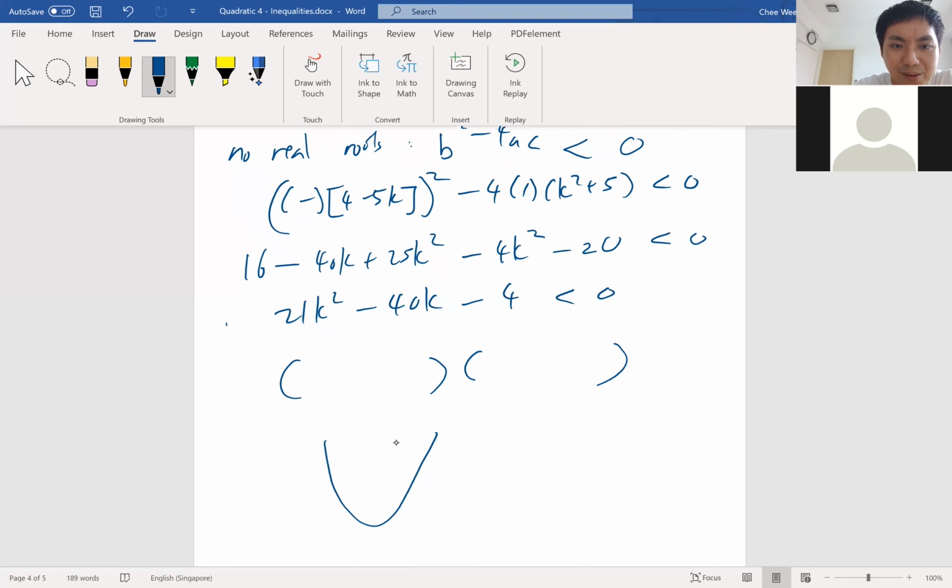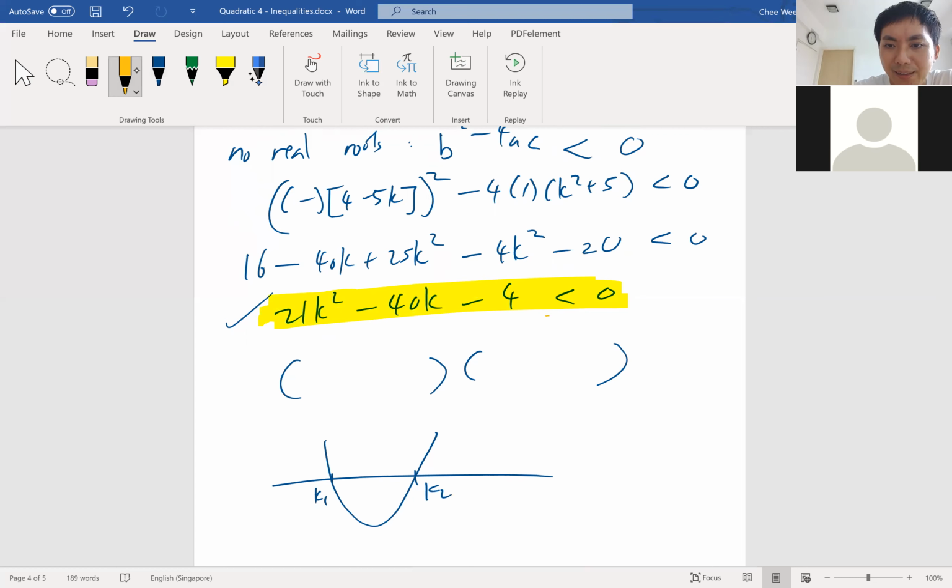This is a U-shaped curve. This curve that we have here is actually this curve. Get it? So let's say if I have two roots, k1 and k2, the final answer is, you want it to be negative, so it's between k1 and k2 then.